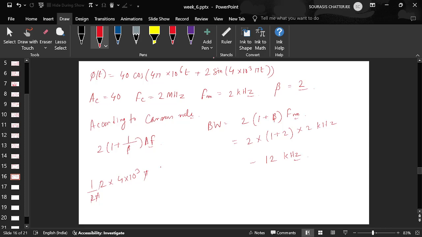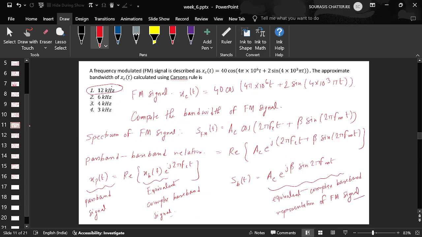So I have the deviation as 4 kilohertz, right? And beta is equal to 2, so it's 2 times (1 plus 1 over 2) into 4, so 8 times 3 by 2, it's 12 kilohertz. Yeah, it's correct. So 12 kilohertz is the answer where you compute the approximate bandwidth using Carson's rule.